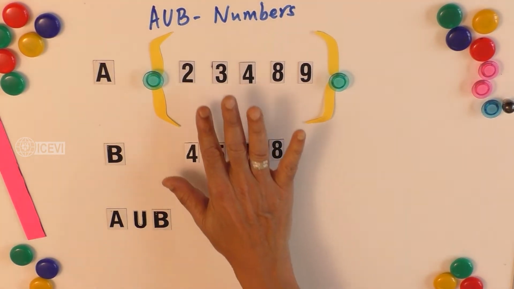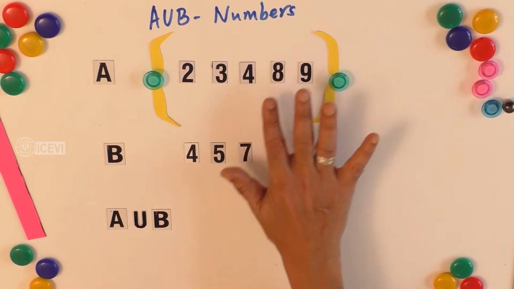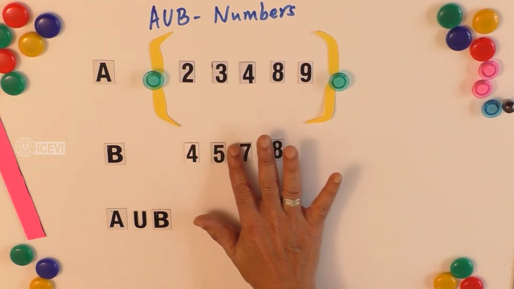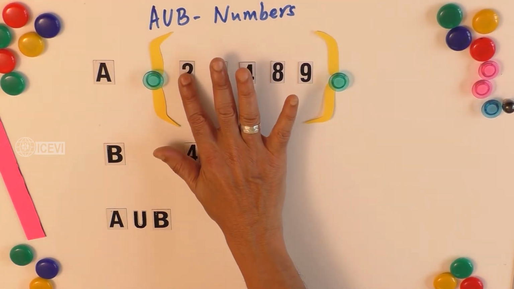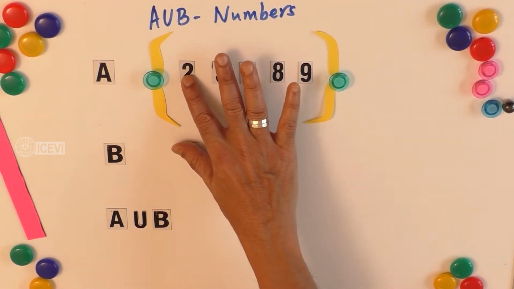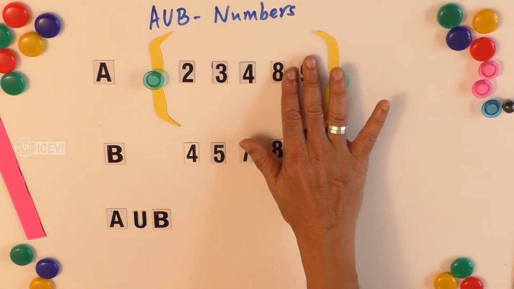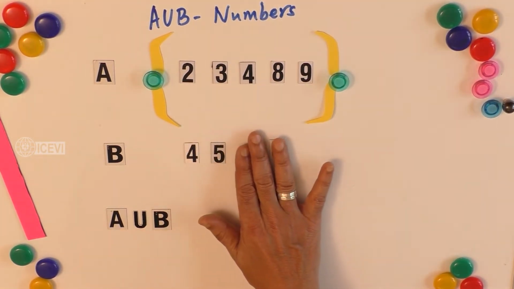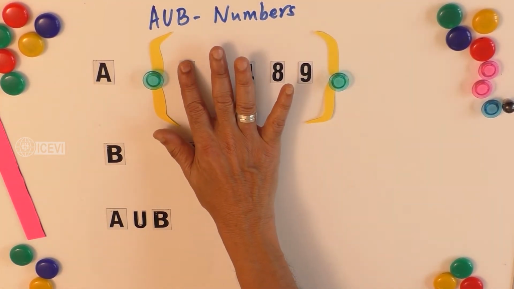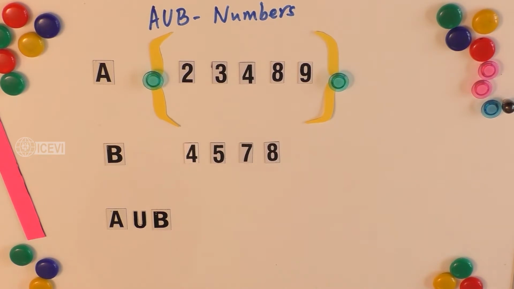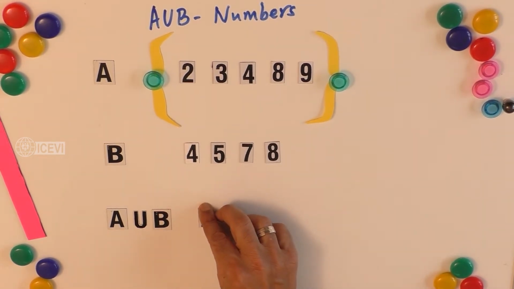Now let us read again: 2, 3, 4, 8, 9 in the set A, and 4, 5, 7, 8 in the set B. Is 2 common between the two sets? The 2 is found only in set A and not in set B. So that means 2 becomes a distinct category, so you put 2 as a distinct category.